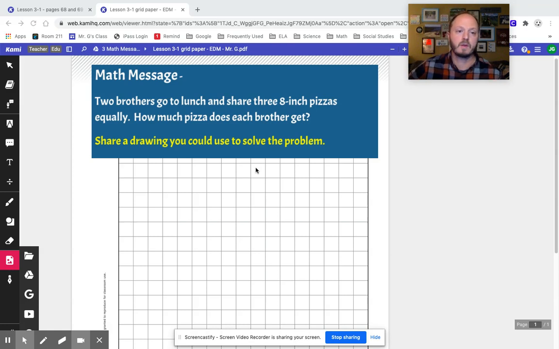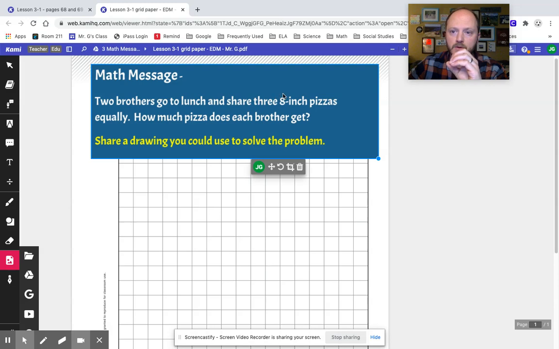All right, so the question says, two brothers go to lunch and share 3 8-inch pizzas equally. So why is it so important that we mention that they are 8-inch pizzas? Well, the big reason is because we need them to be the exact same size for this question.